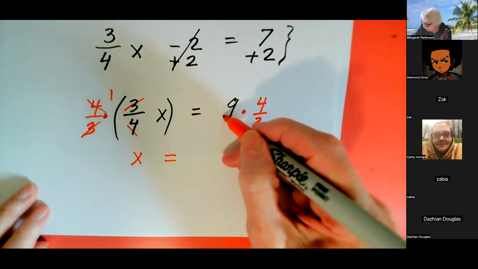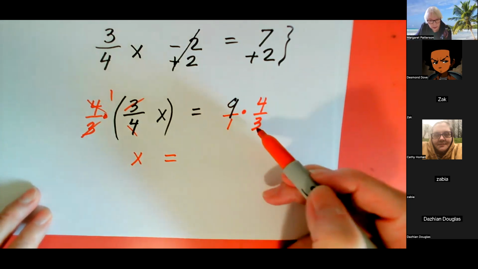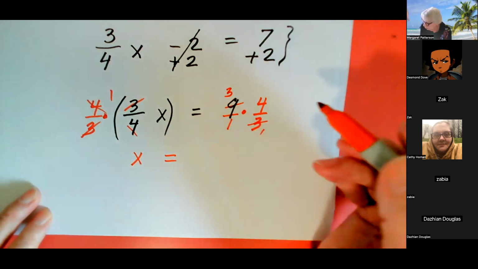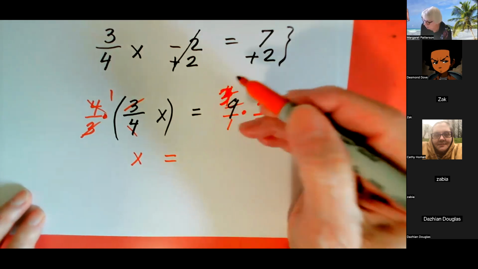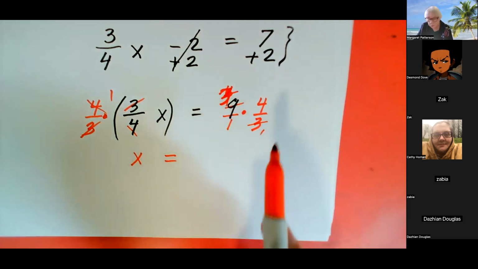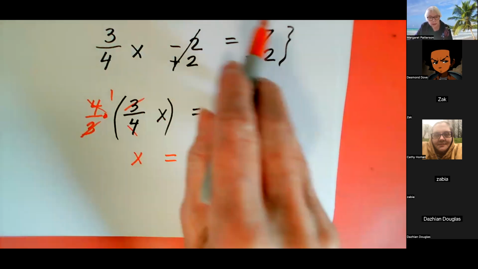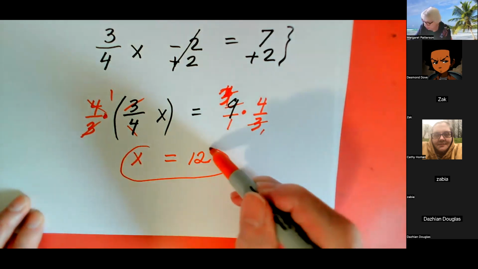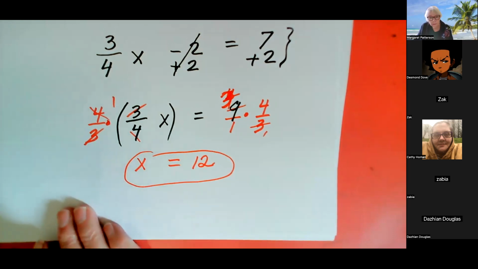And over here, I'm going to put my 9/1, and I can cancel it here, one way or the other. Whoops, that's a 4. No, it's a 3. Holy mackerel, I need caffeine. So 3 times 4 is 12. Okay? So this messy thing that started out, I've got my answer, and that's what they're looking for, what was the x in that equation. Did it a different way, but I got the same answer.